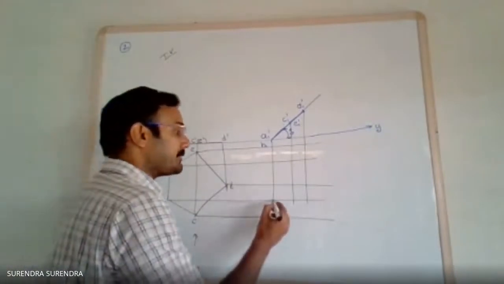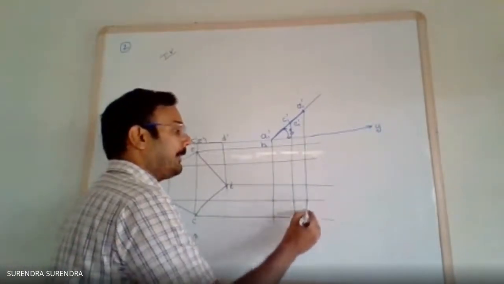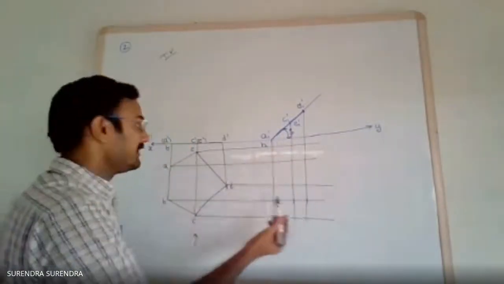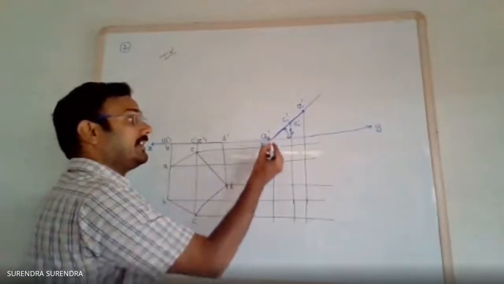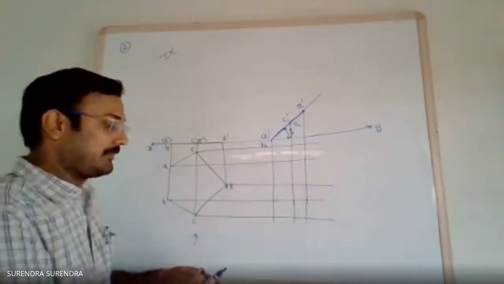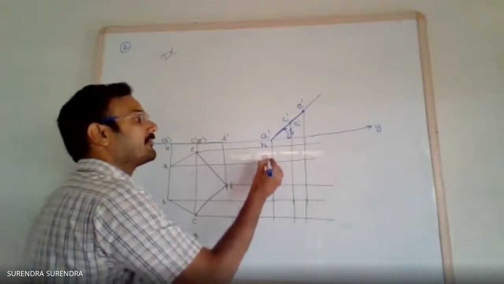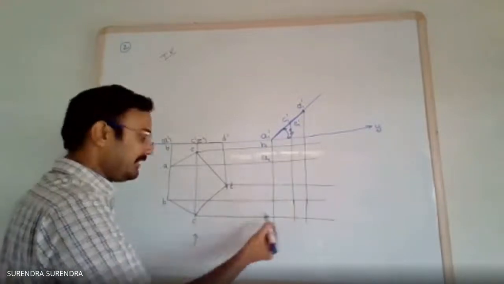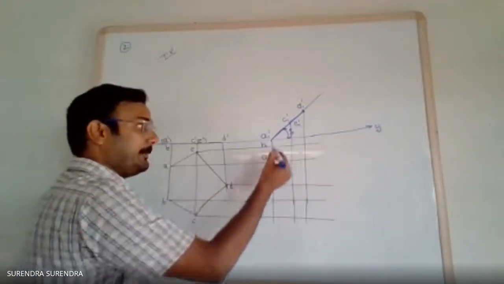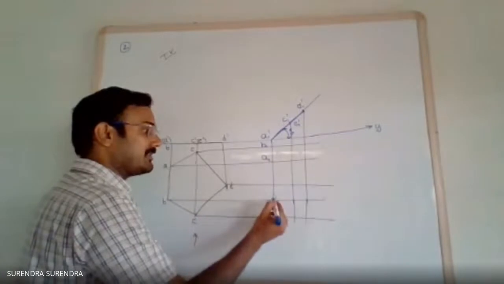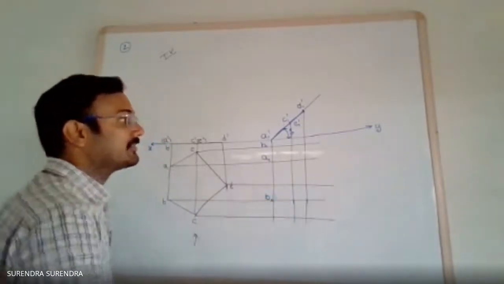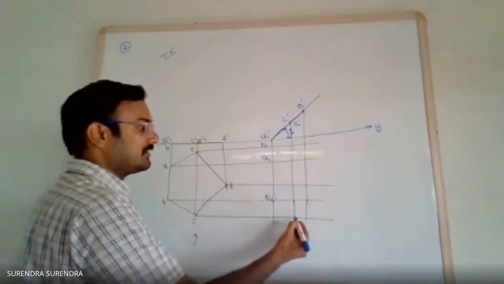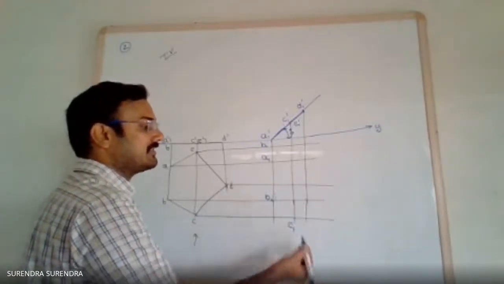Now, mark the respective intersection points. Projection from A1 dash and locus from A, their intersection, name this point as A1. Similarly, projection line from B1 dash and locus from B, name this intersection point as B1. Projection from C1 dash, locus from C, name this intersection point as C1.